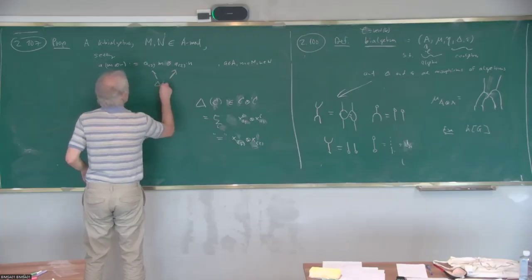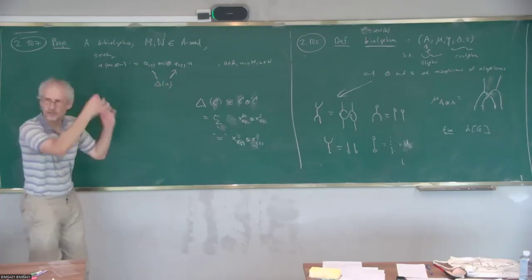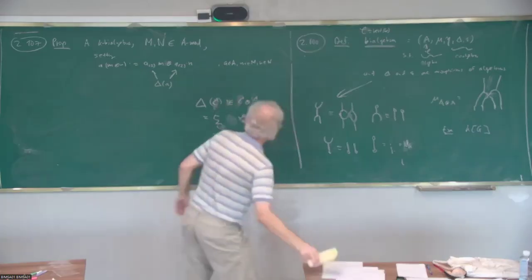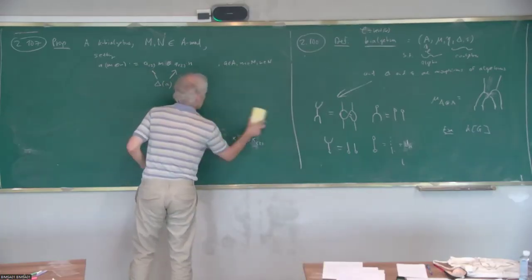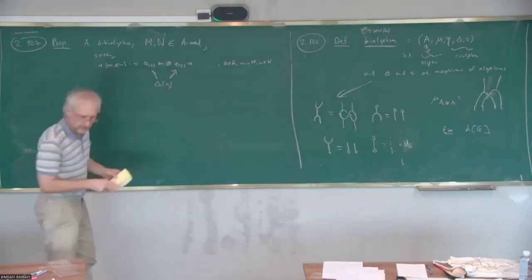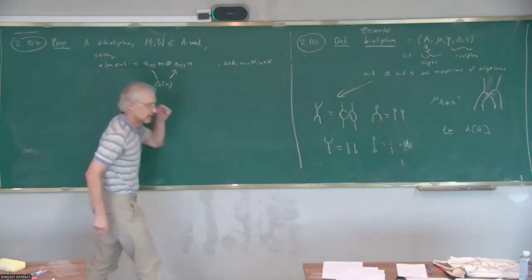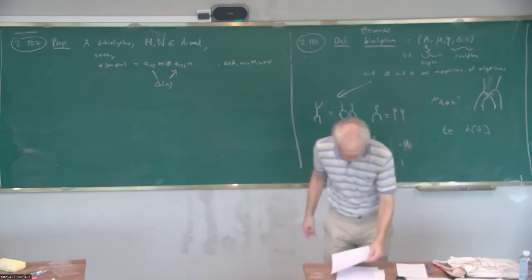here I have taken the delta, the co-product of A, and I have a sum where in each summand I have terms of this form.